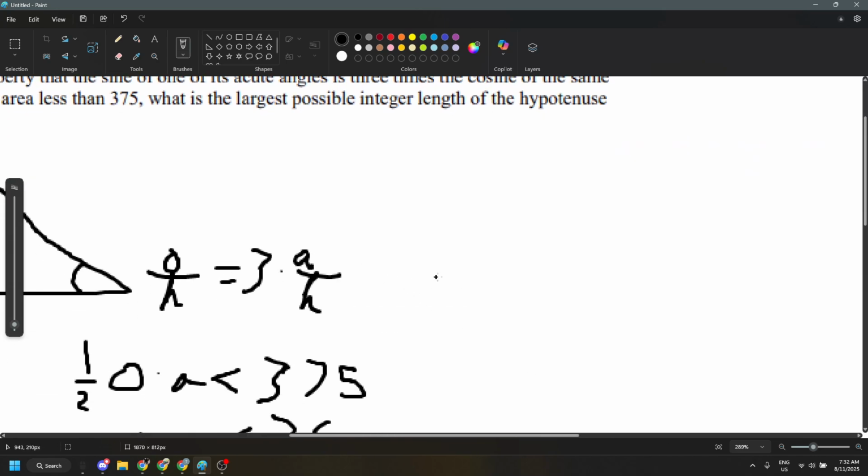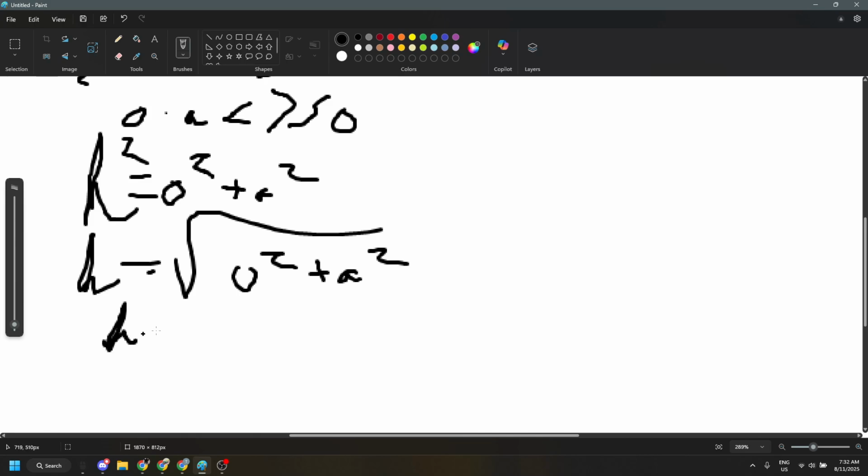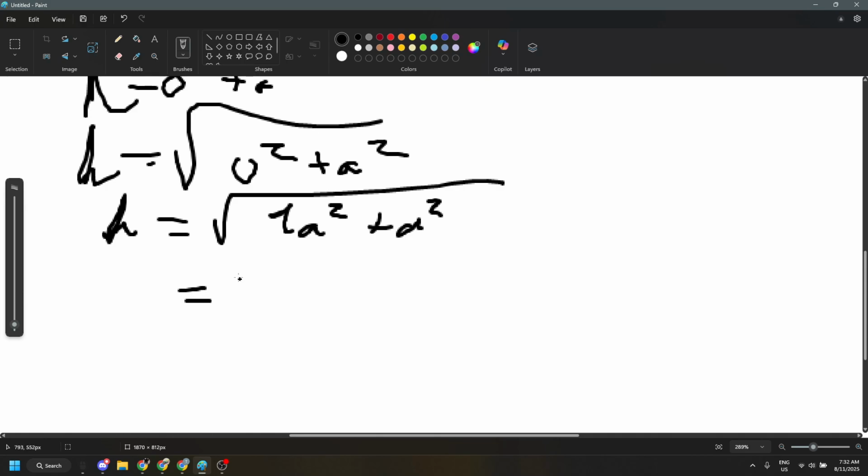You could also write O is equal to 3A, getting rid of the H. Putting that in here, H is equal to the square root of 9A squared plus A squared. It's equal to A, take the A out, times the square root of 10, because it'd be 9 plus 1.